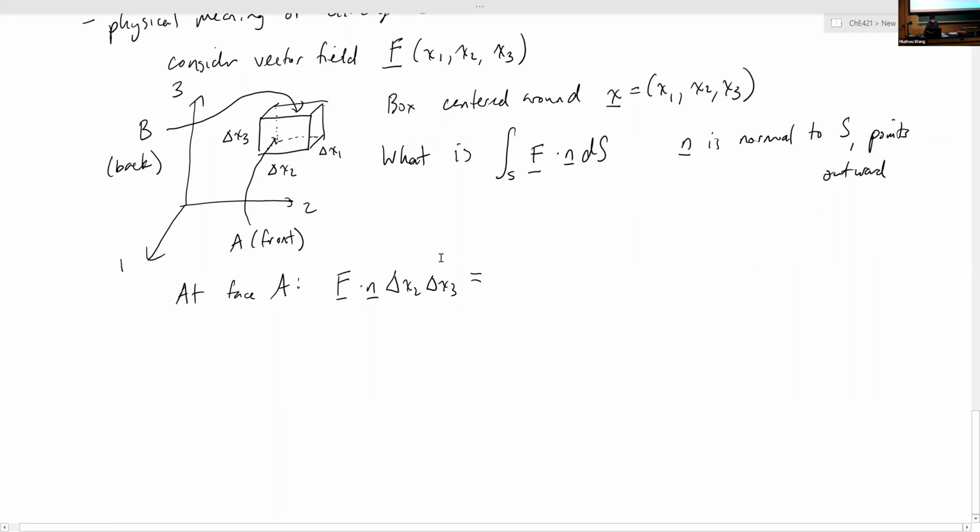The value of the field at this face is f of x1, x2, x3, except this is at the center of the box. I care about what it is at the actual face, so it's a value of x1 over 2 shifted forward. So that's f1 evaluated at x1 plus delta x1 over 2, x2 and x3, and let's not forget our delta x2 and delta x3.